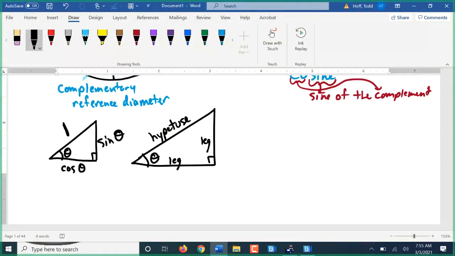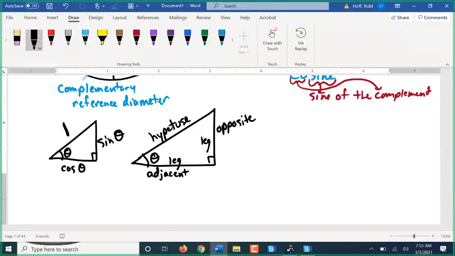The leg that touches the angle that we're looking at, that would be this leg down here. Adjacent means next to or touching. That leg touches our angle. The leg that is opposite or across from our angle is going to be the opposite leg.